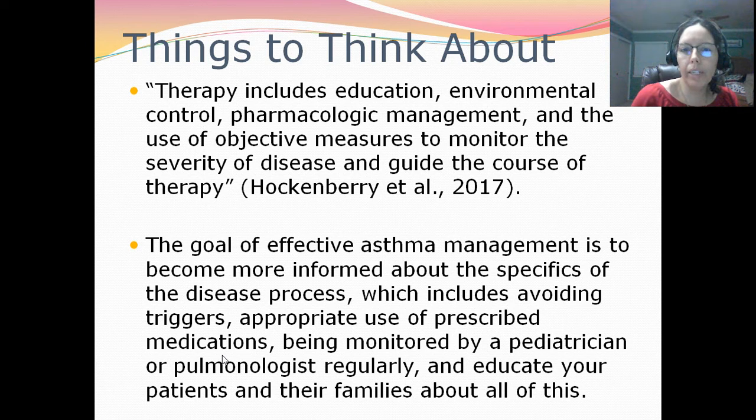The goal of effective asthma management would be to become more informed about the specifics of the disease process, including avoiding triggers, appropriate use of prescribed medications, being monitored by a pediatrician or pulmonologist regularly, and educating your patients and their families about all of this is key. So always keep in mind that effective management is the goal with a chronic disease.